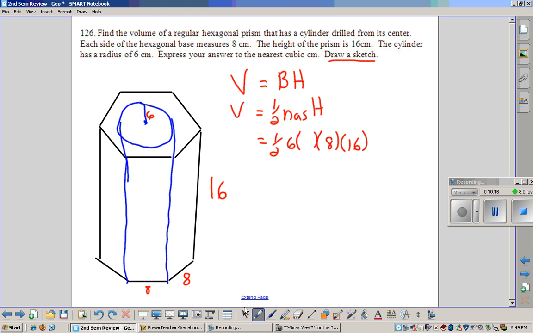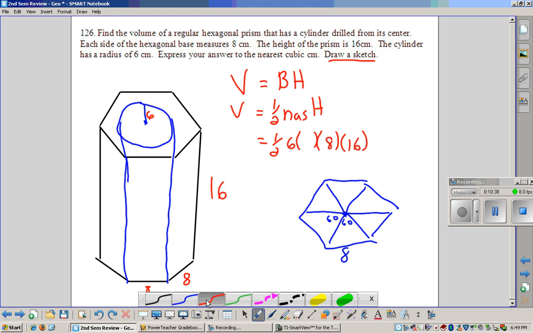Now let's go back to that apothem for a second. This is a hexagon, so let's take a better look at it. First of all, from the center we can draw a bunch of triangles. There are 6 of them. This is 8, and these all measure 60 degrees. So I'd like to take that 60 degrees, cut straight down, creating a 30, 60, 90 triangle.